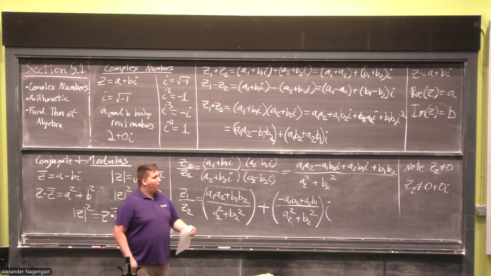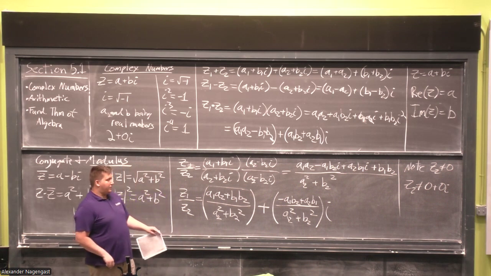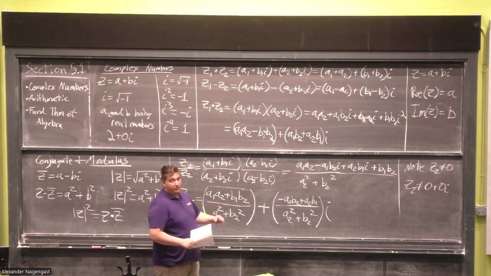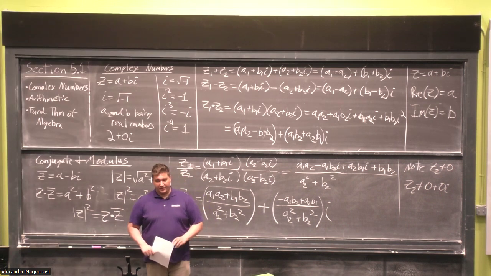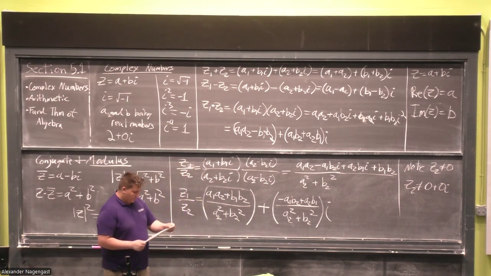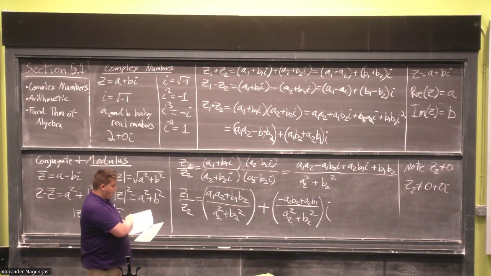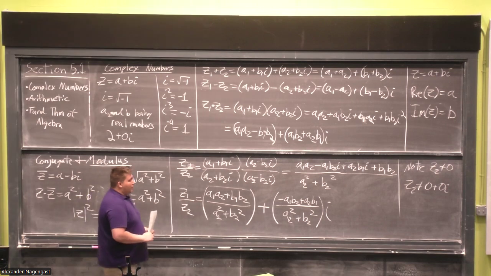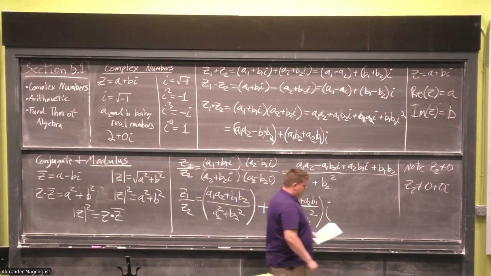It doesn't matter if one of the a2 or b2 equals 0. It matters that if both of them equal 0, then z is equal to 0. And we still cannot divide by 0, even with complex numbers. So let's see an example.